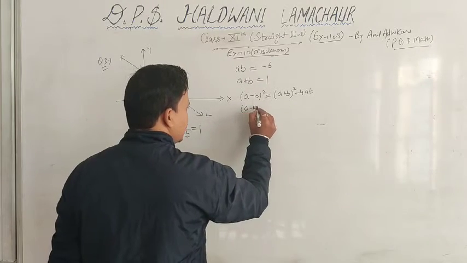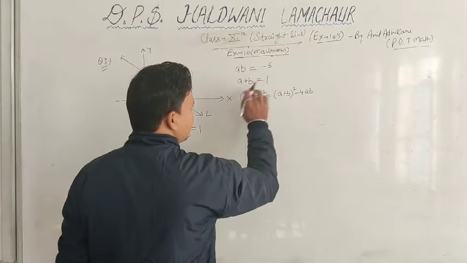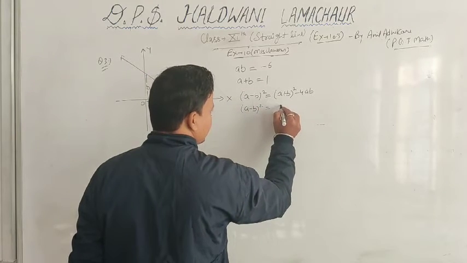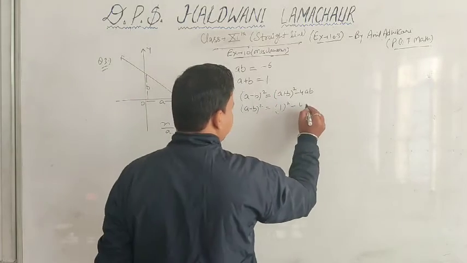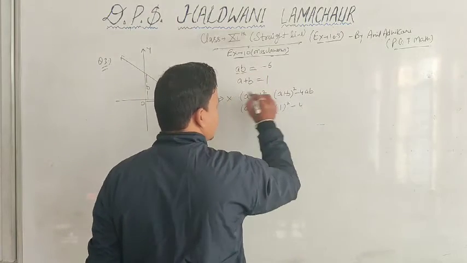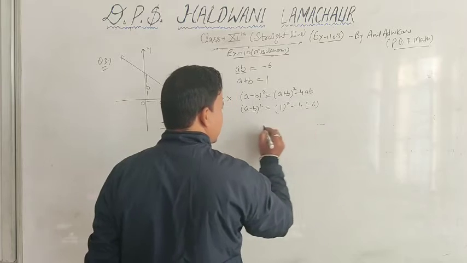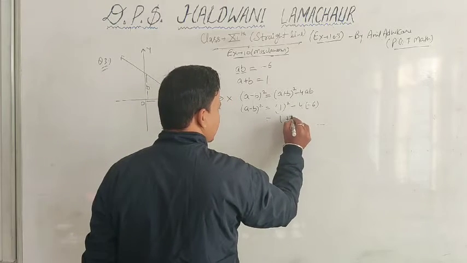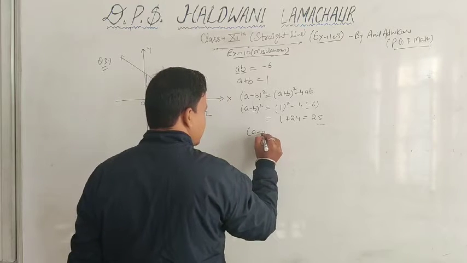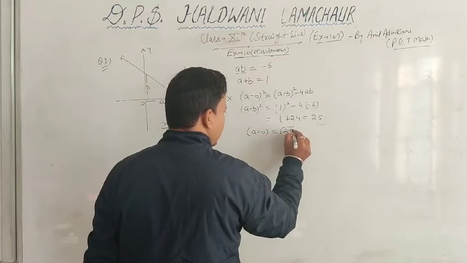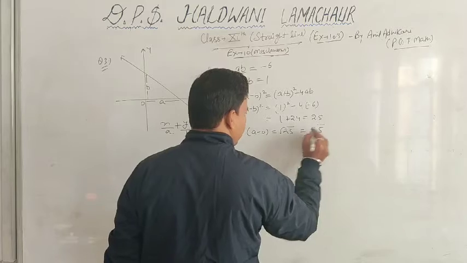So A minus B whole square is equal to 1 square minus 4 times the product of both intercepts, which is minus 6. So this becomes 1 plus 24, that is 25. So the value of A minus B is equal to root 25, that is plus or minus 5.